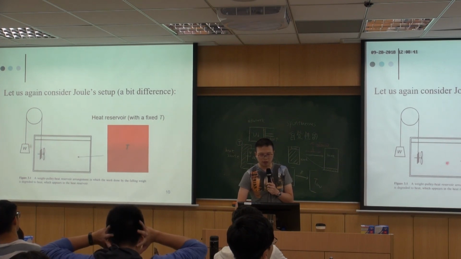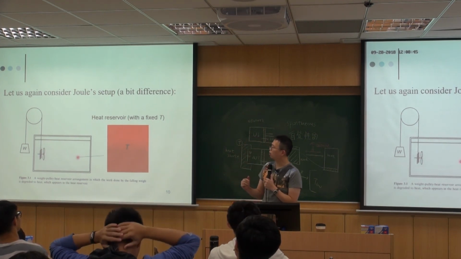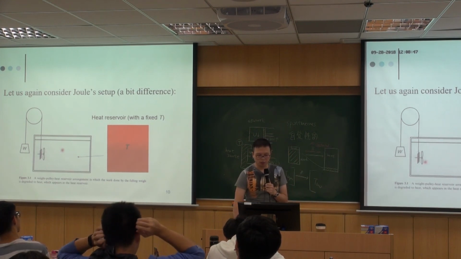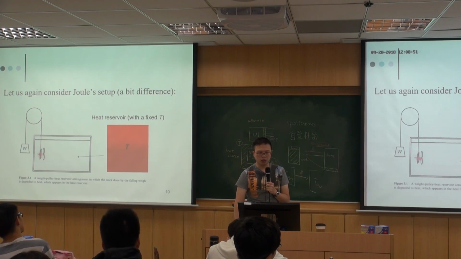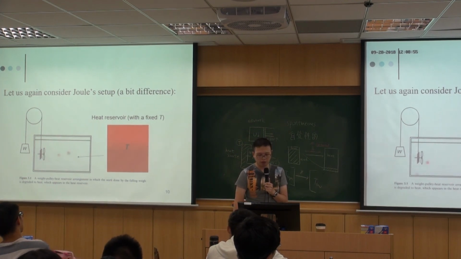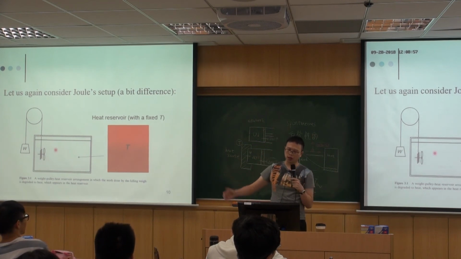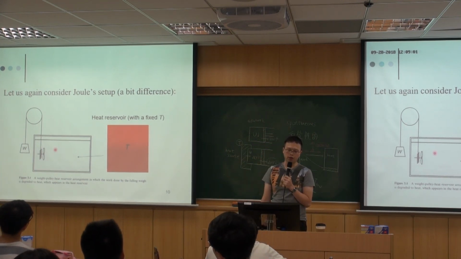we will say this is like a heat reservoir. So the temperature is fixed in this bunch of fluid. We can dump heat into this fluid, but it won't change the temperature of this huge amount of liquid inside this container.